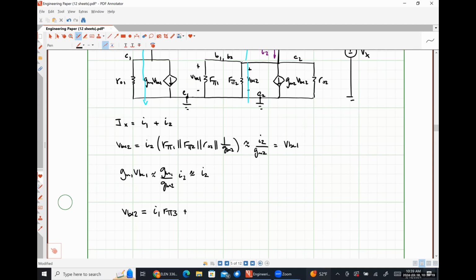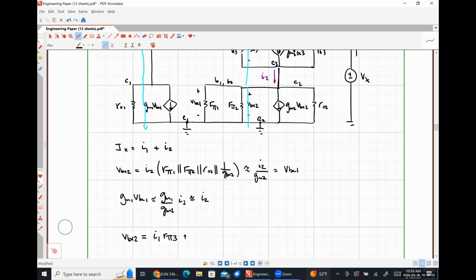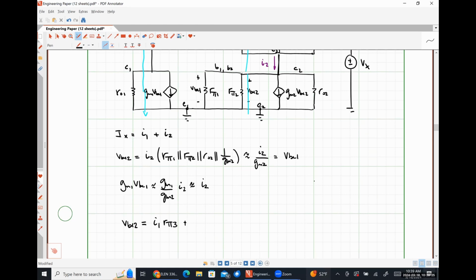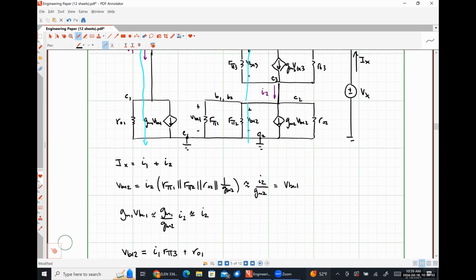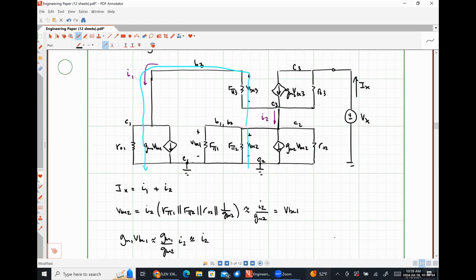And then I'm taking the voltage drop across R01. And this is the part where I'm having difficulty following my notes. Okay, no, I don't have any problem now.